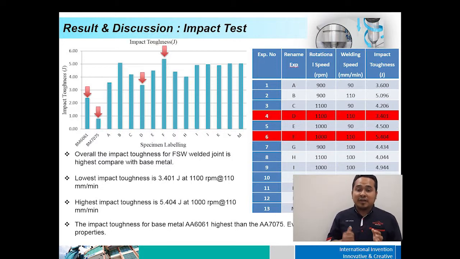The highest impact toughness is 5.404 Joule at 1000 RPM and 110 mm per minute. The impact toughness of the base metal aluminum alloy 6061 is higher compared to the aluminum alloy 7075, even though aluminum alloy 7075 has higher strength properties.